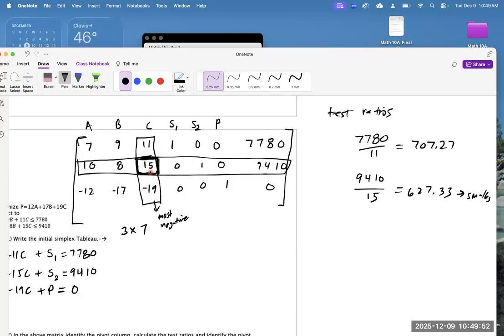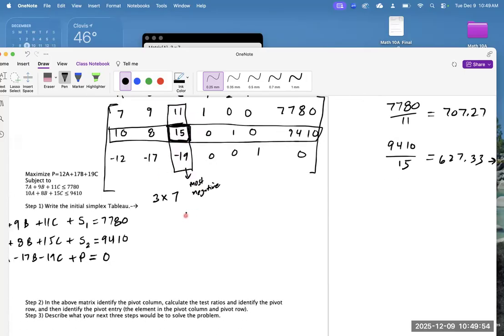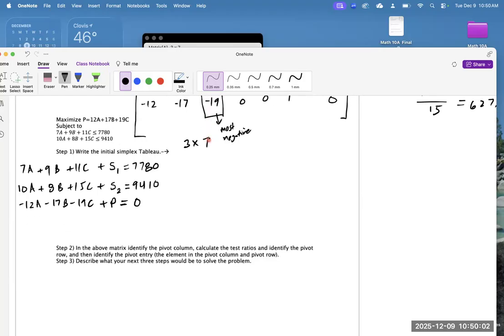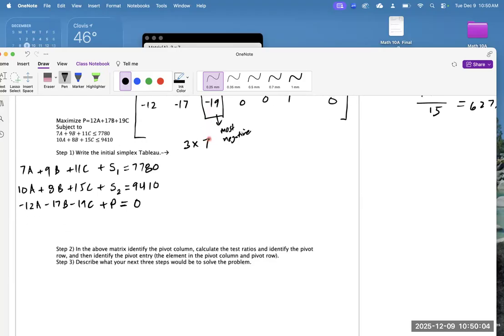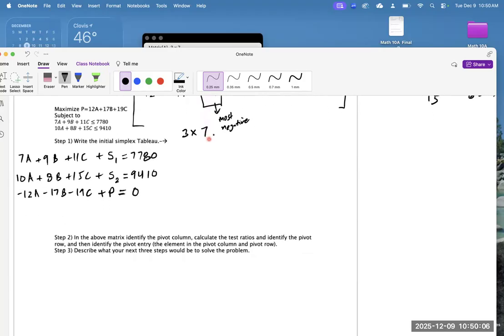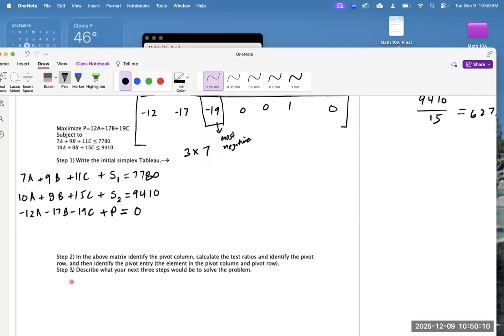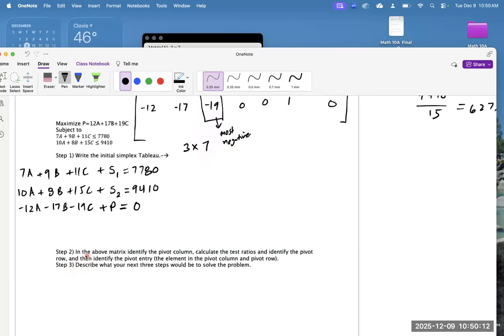So step 3 is to describe your next 3 steps, because we've done all of step 2. I think we've identified the pivot entry.